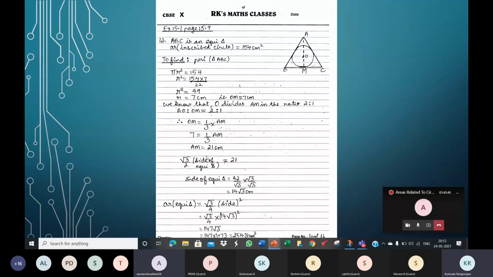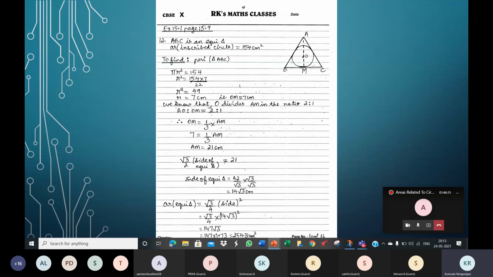OM is the radius. Now see here, what is AO plus OM? AM, right? 3x. AO plus OM is AM. So AO is 2/3 of AM and OM is 1/3 of AM.